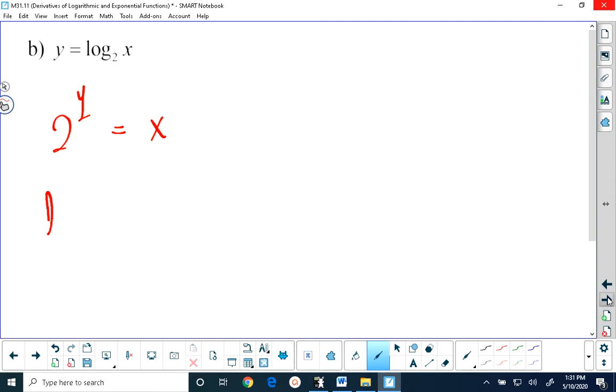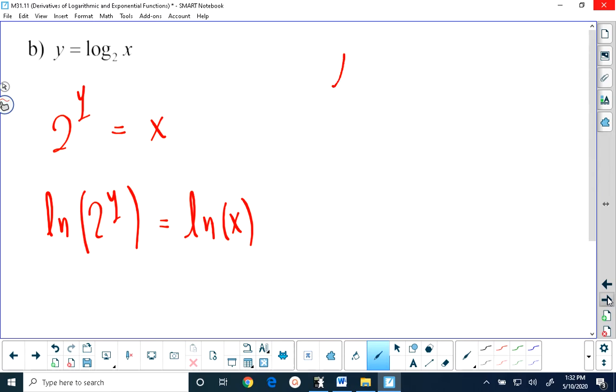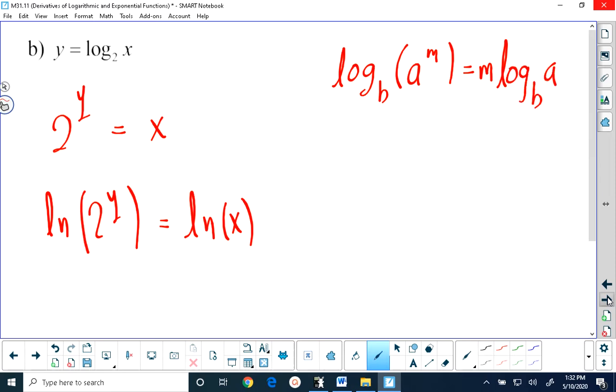When I take the natural logarithm of 2 to the y and set it equal to the natural logarithm of x, I can, on the left-hand side, move that exponent of y out in front because we have this rule which is called the power rule for logarithms. Log base b of a raised to the m is the same as m multiplied by log base b of a. We're always allowed to move an exponent on an argument of a logarithm down in front.